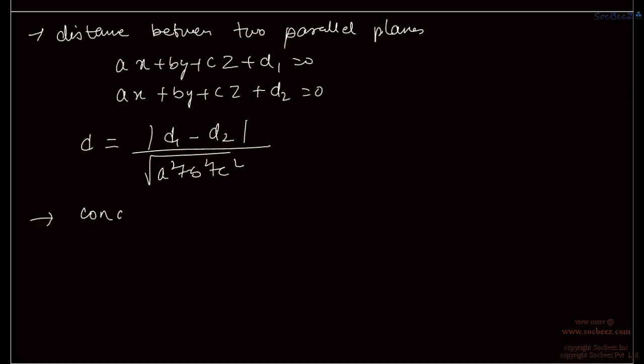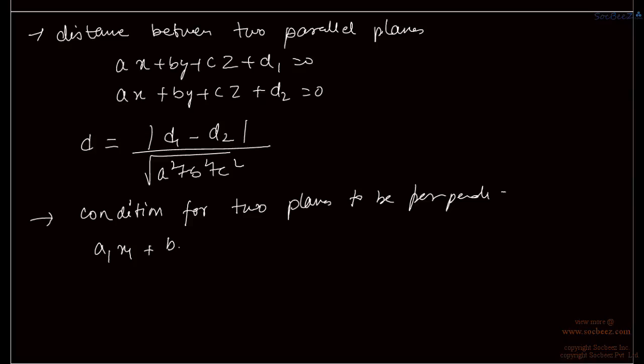Now, the condition for two planes to be perpendicular. Two planes are perpendicular when their normal vectors are perpendicular, right? So say we have plane a1x plus b1y plus c1z plus d1 is equal to 0, and plane a2x plus b2y plus c2z plus d2 is equal to 0, and these two planes are perpendicular.